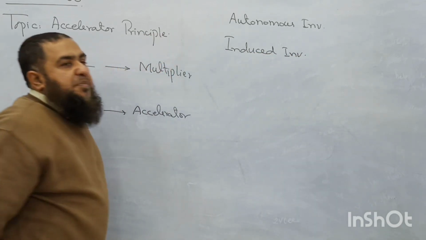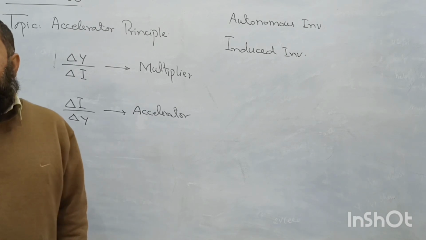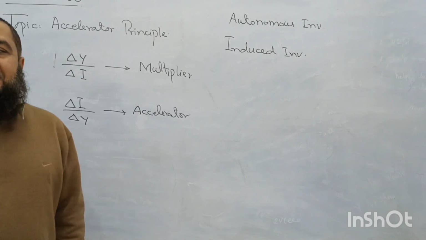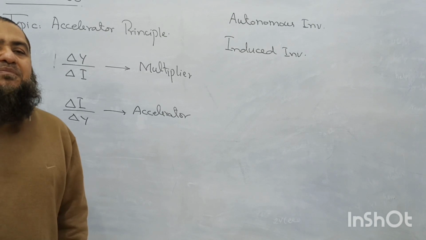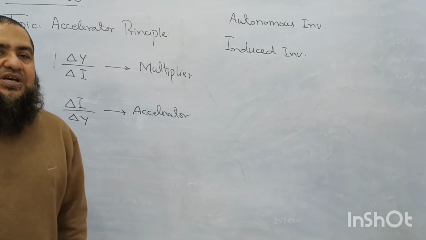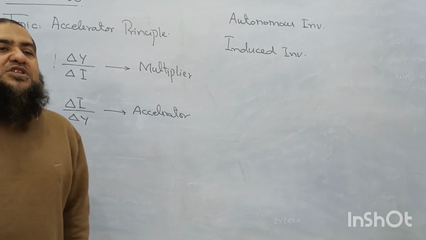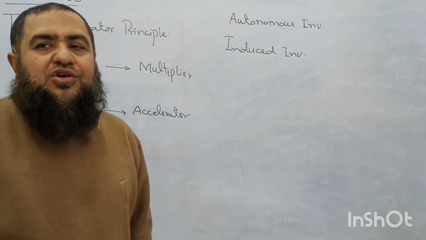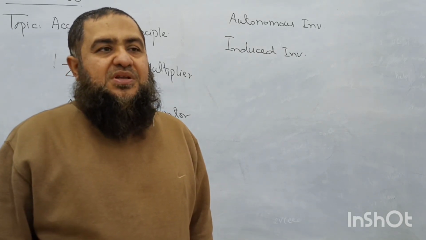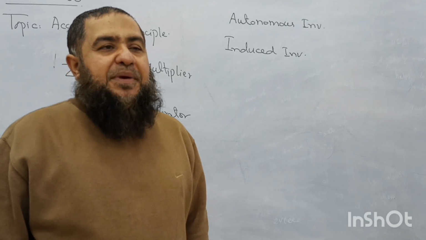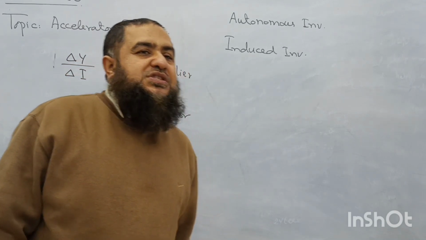That is dependent upon level of national income. Now, as income level has increased, more investment will take place by the investors or the producers. They will spend more on capital goods to produce more goods and services.